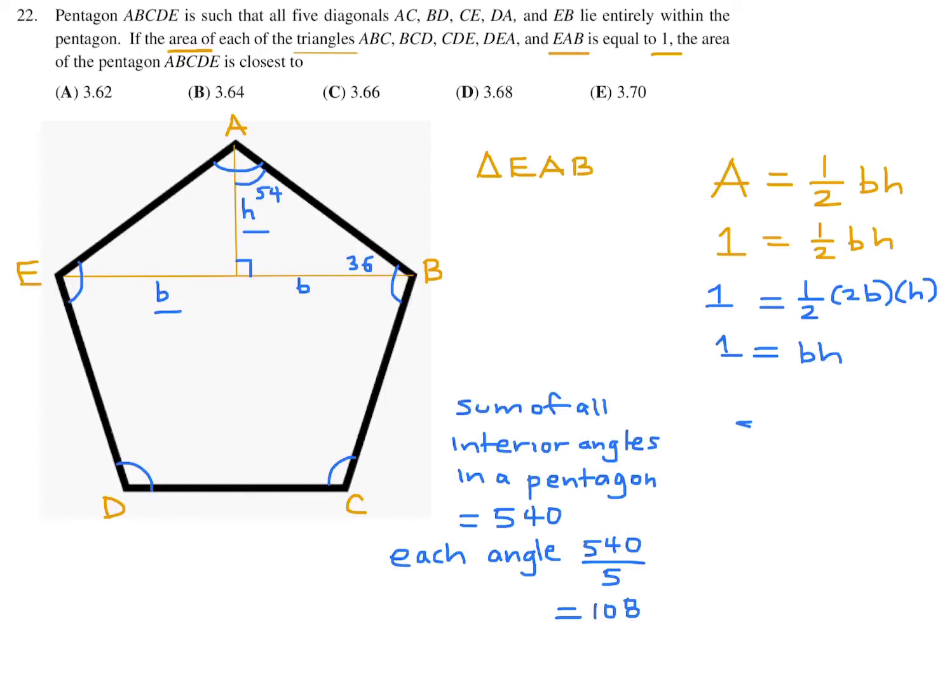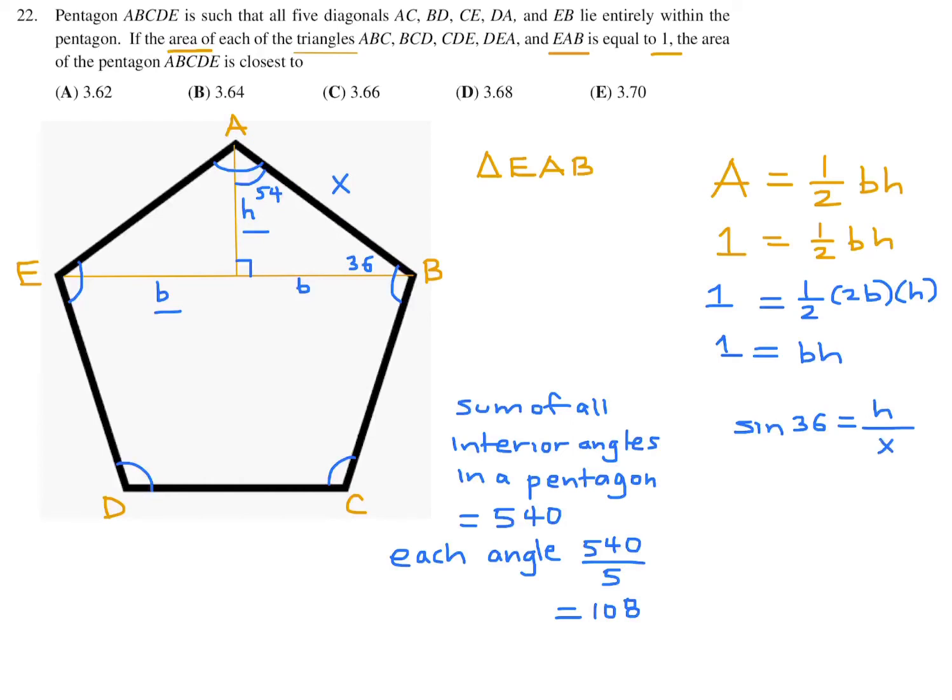The sine of 36, and you can use any angle you want, I just decided to use 36, is going to be opposite over hypotenuse, correct? And hypotenuse in this case is AB, right there. And I'll just call it X instead of having to write AB every time.